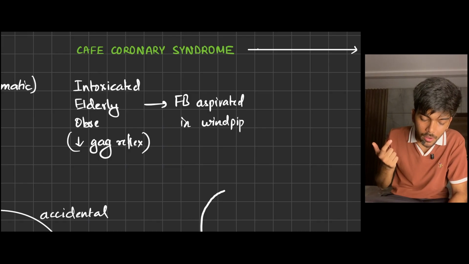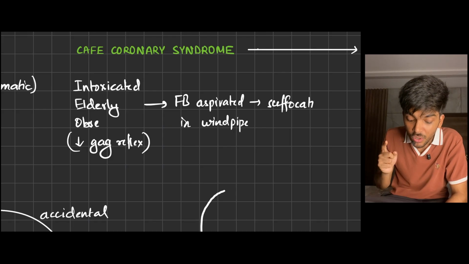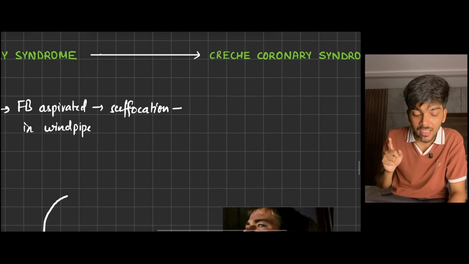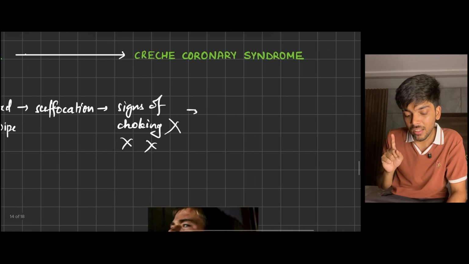What will happen? There is going to be suffocation. But since there is reduced gag reflex, there are no signs of choking. As a result, the person dies suddenly.